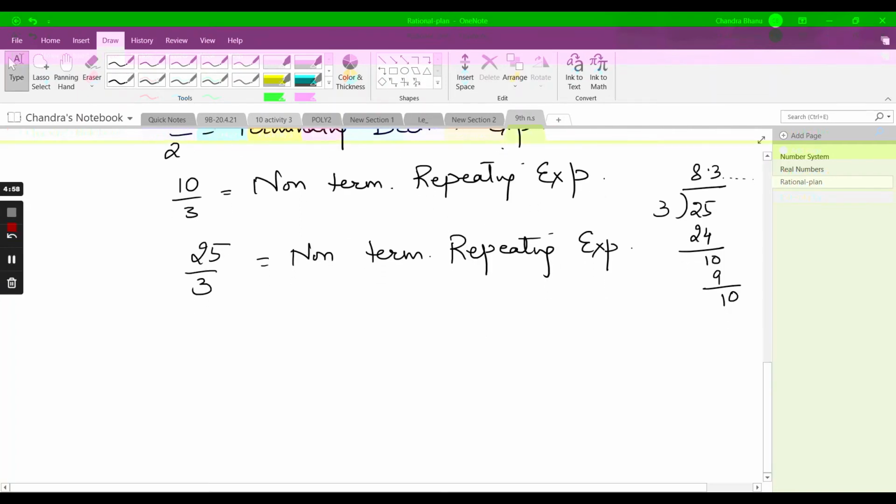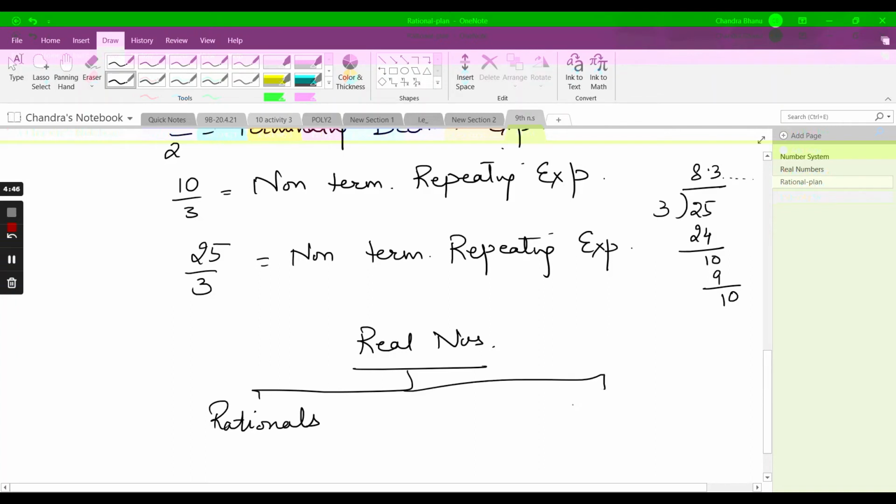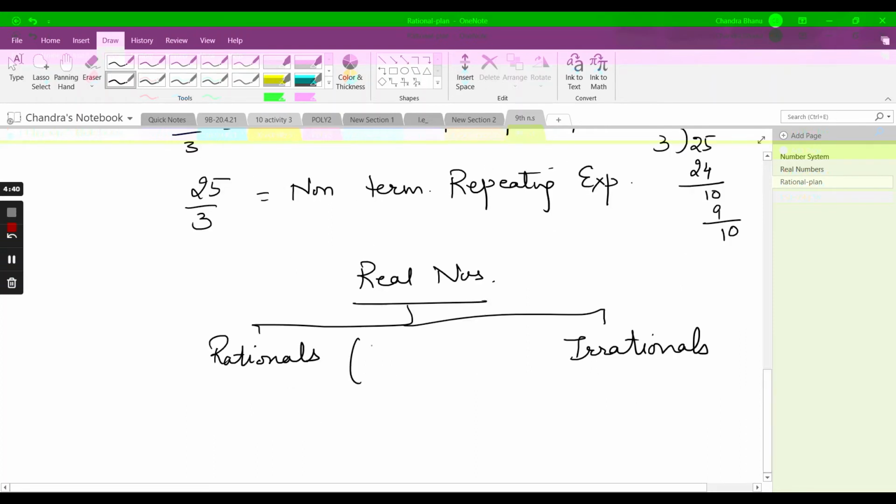So now finally we've come to the conclusion that when we talk about real numbers, we have two categories, rationals and irrationals, where rationals are of the form p by q and irrationals are of the form root.